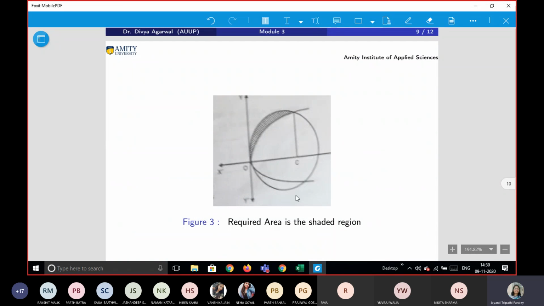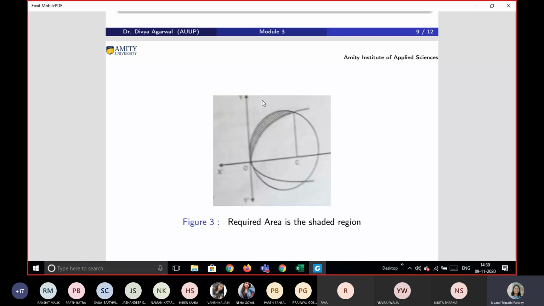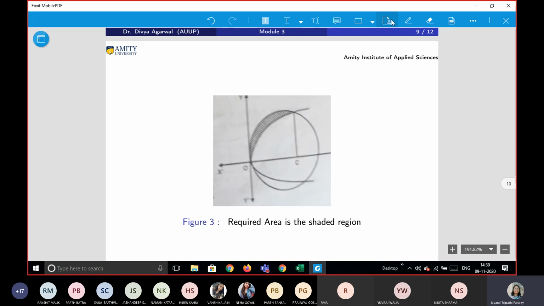See the diagram. Now this is the circle, this is the parabola. What I wanted you to figure out: the circle passes through origin, right? But the radius of the circle is a and the center is a comma 0. So if this is the center, then the focus is somewhere here.